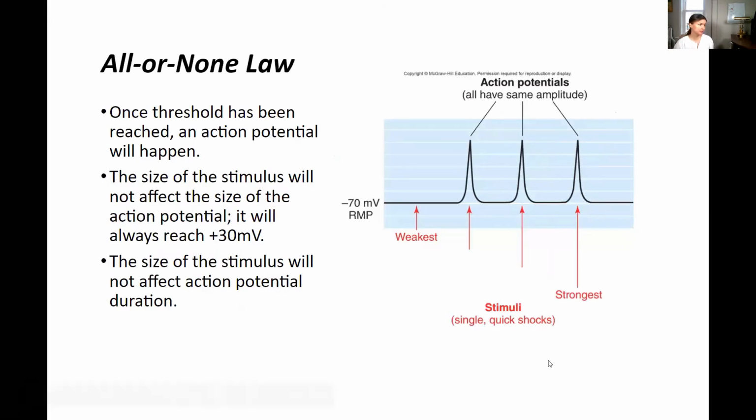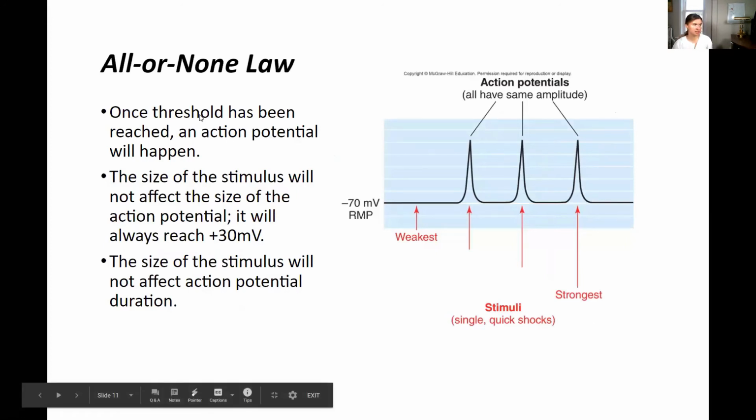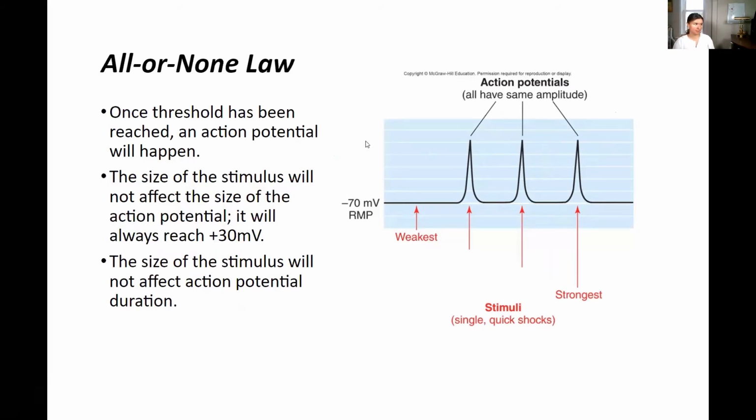So this is just basically rephrasing that. Once we hit that threshold depolarization, an action potential will happen no matter how big our stimulus is. It's not going to affect the size of the action potential. We will see that what we can vary eventually when we're trying to send different types of signals is how close together these action potentials fire off.